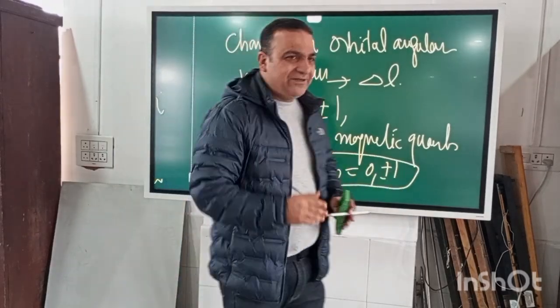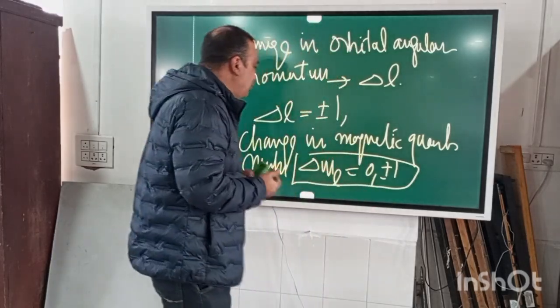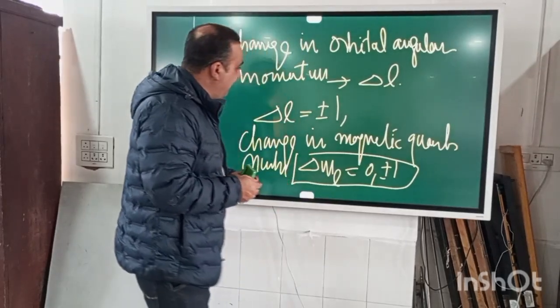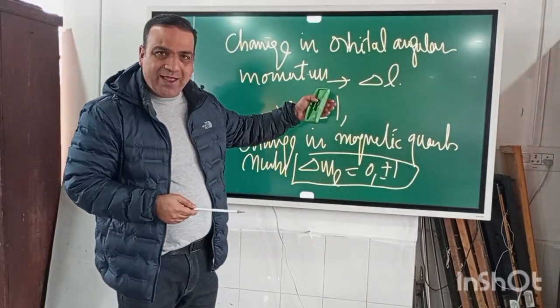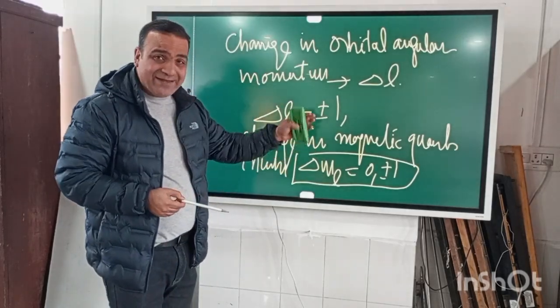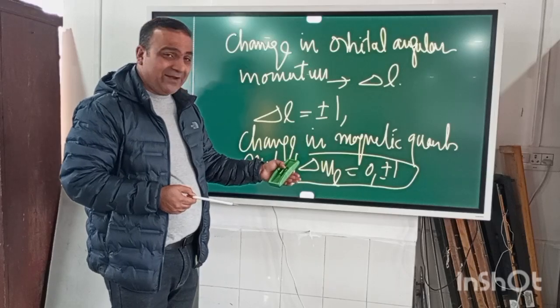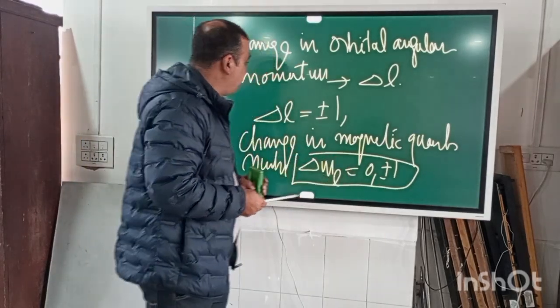So you can expect all those transitions in the hydrogen atom where the orbital angular momentum quantum number is changing either by +1 or by -1. At the same time, the change in the magnetic quantum number is either 0 or ±1.